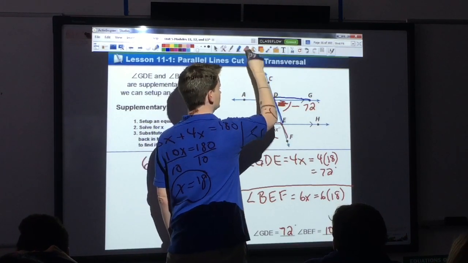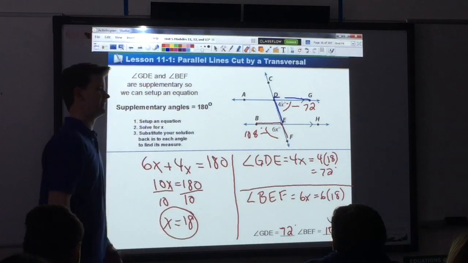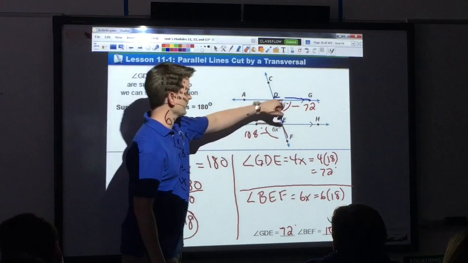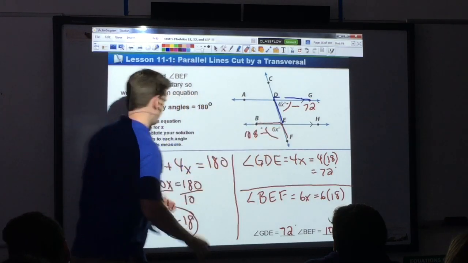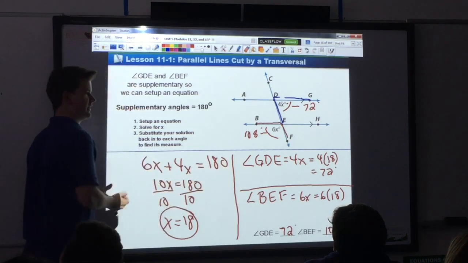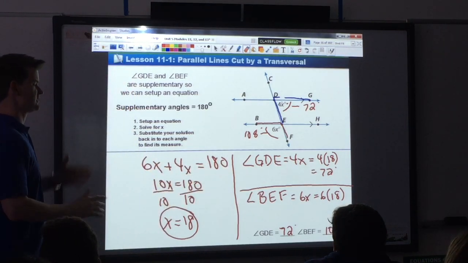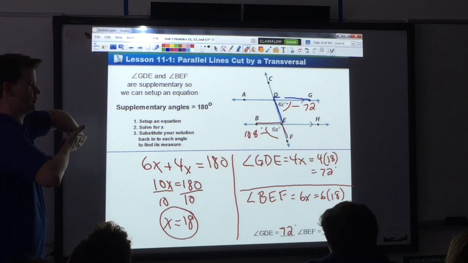But instead, what we've done now is we removed the degrees and replaced it with variables. But since you know that these two are supplementary, you can write an equation, set it equal to 180, solve it, and you can find out what the measure of each angle is. This is where we start combining geometry and algebra to make galgebra.